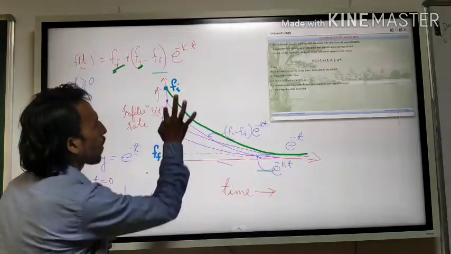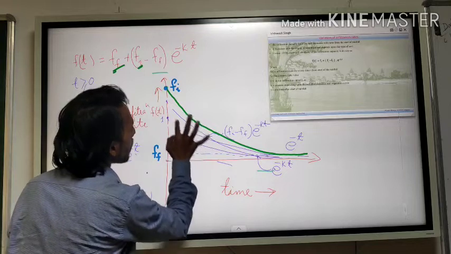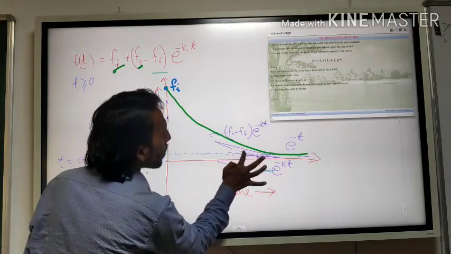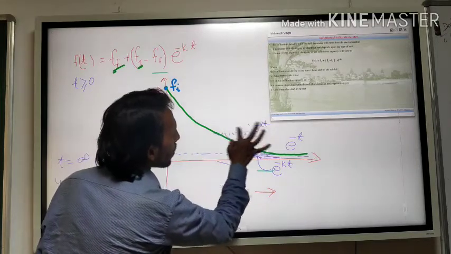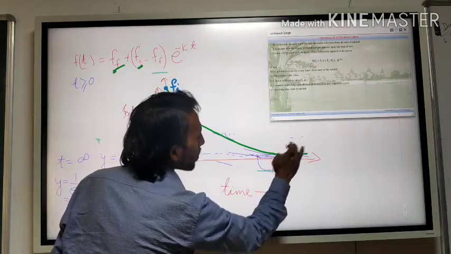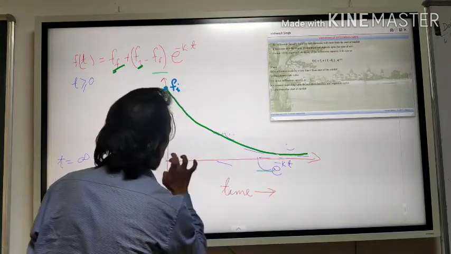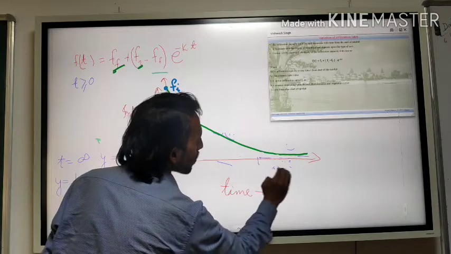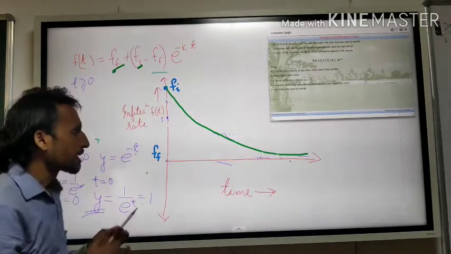So let me remove all other things. So this is your final curve.